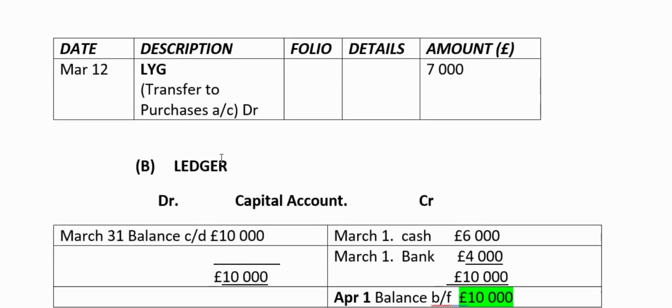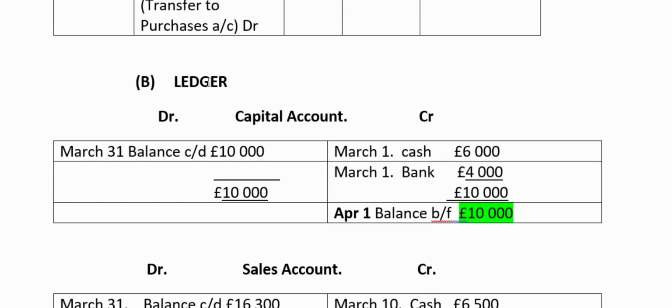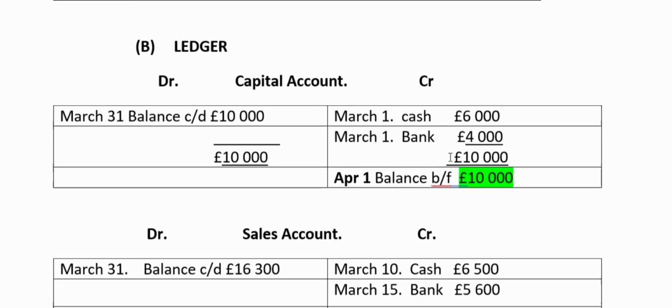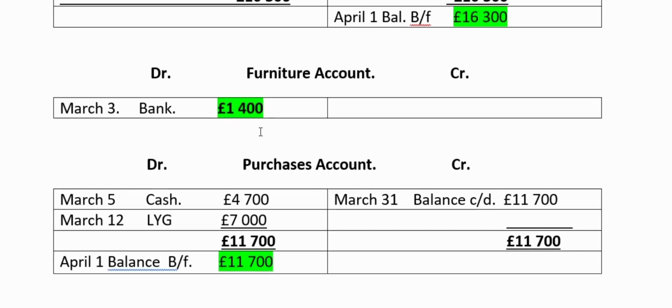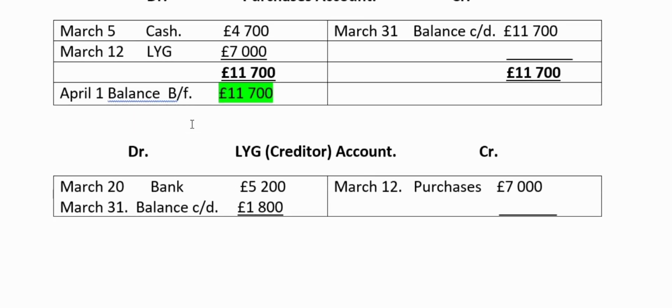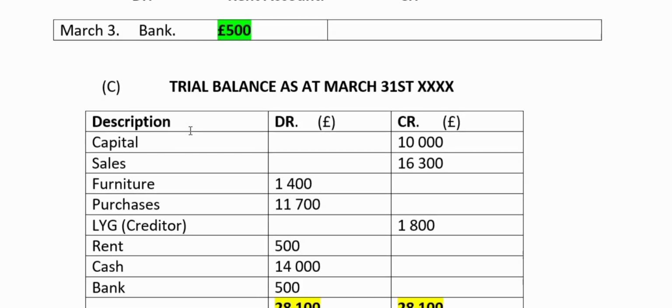So all the balances in the ledger at the credit side will enter into the credit side of the trial balance, and all the entries found at the debit side of the ledger will go to the debit side of the trial balance.